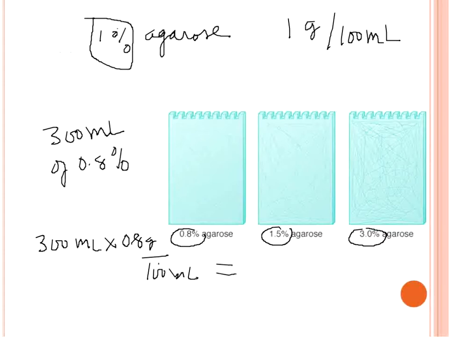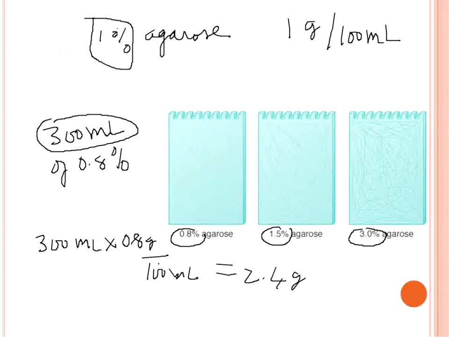So that's going to be 2.4 grams of agarose. So you're going to weigh out 2.4 grams of agarose. You're going to get a little less than the 300 milliliters of buffer, okay? Less than 300, so maybe 250, 240 milliliters of buffer.